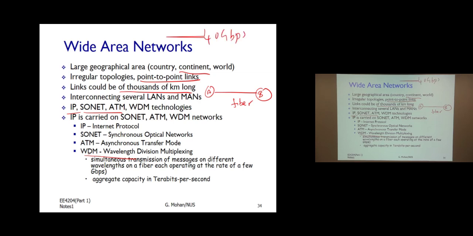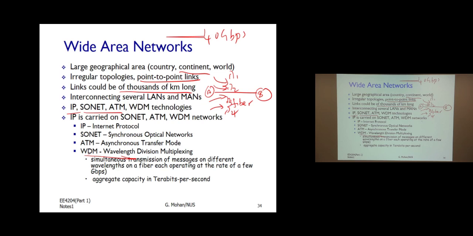Because on a single fiber, usually there is only one transmission. There are no multiple simultaneous transmissions. With wavelength division multiplexing, we can transmit multiple messages at different wavelengths or lambdas, lambda 1, lambda 2, lambda 3, lambda 4. So many wavelengths can be used for simultaneous transmission at the same time on a single fiber. That means when one transmitter is transmitting at wavelength 1, another transmitter can transmit at a different wavelength at the same time.